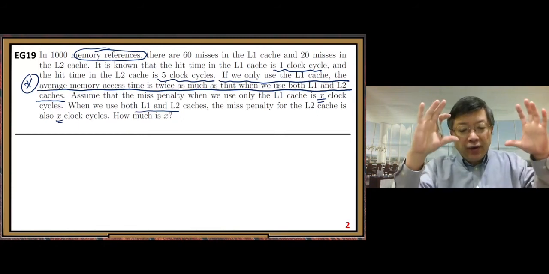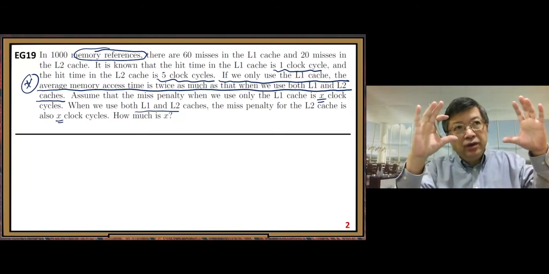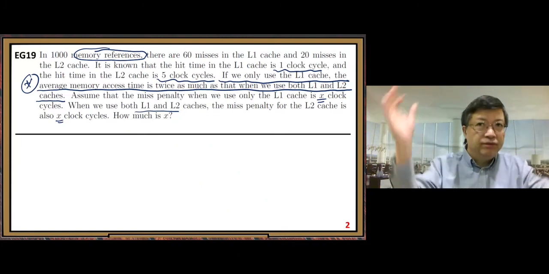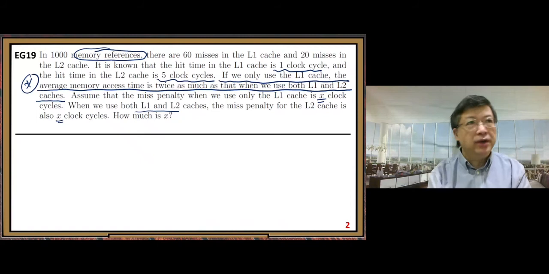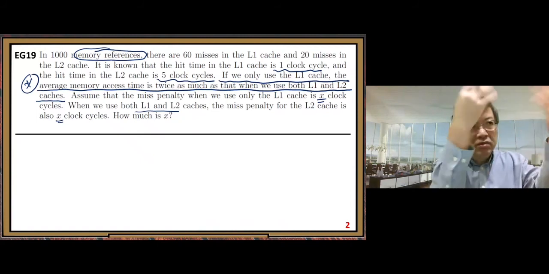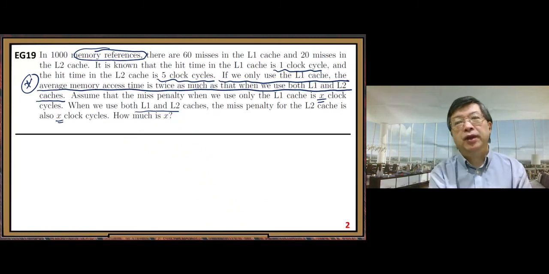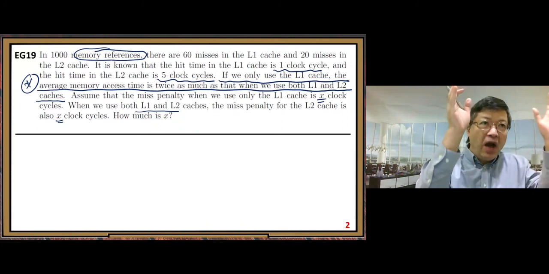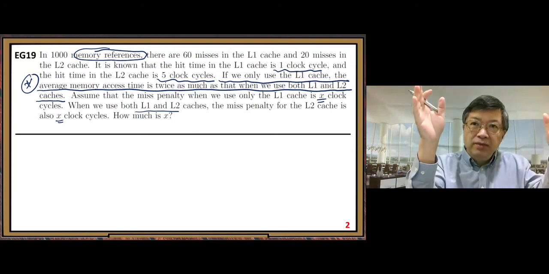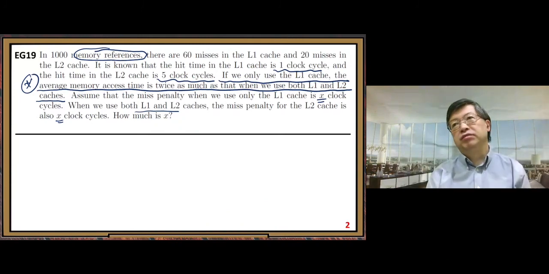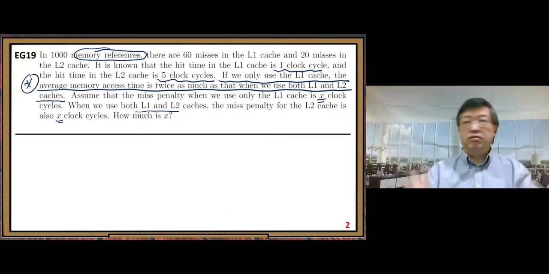Although the question description is a little long, because we're familiar with this typical multi-level cache situation, we can understand easily. Now, here we just use the average memory access time formula, set up an equation, then find a solution. That's simple.